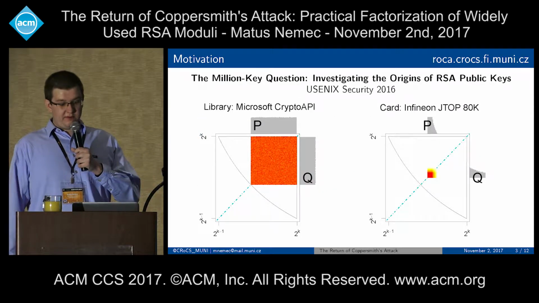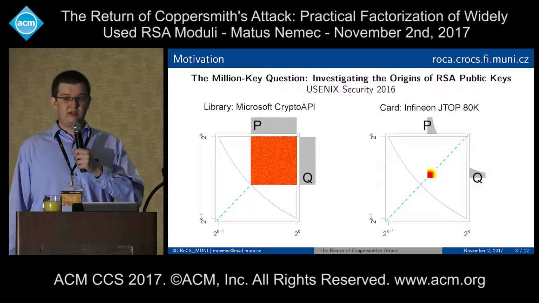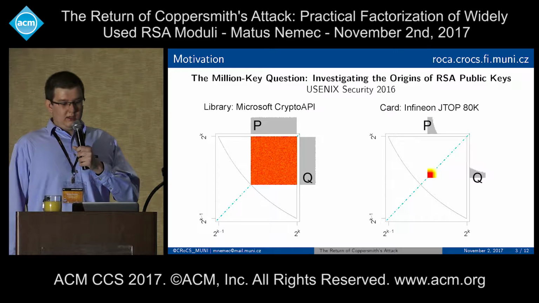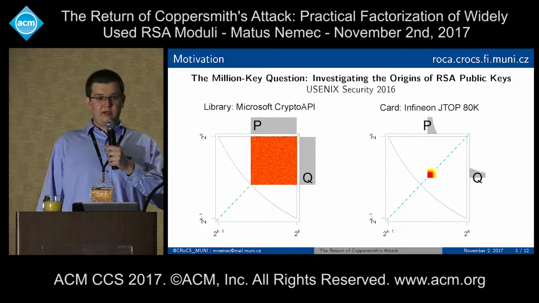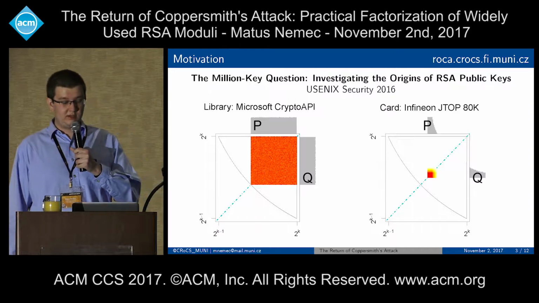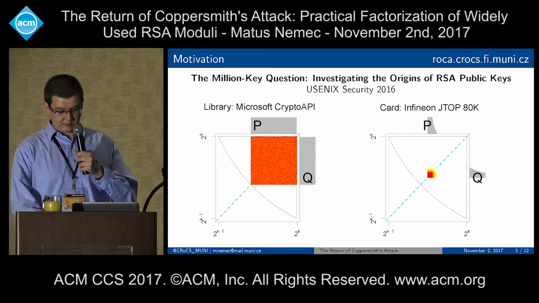The motivation for this research was our paper, The Million Key Question, published last year at Usenix Security. In this work, we generated millions of keys from different implementations of RSA key generation and compared their statistical properties.